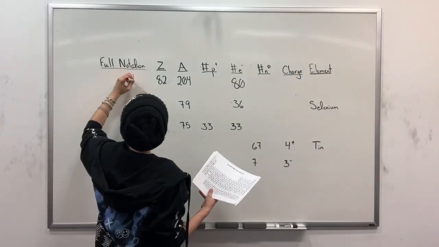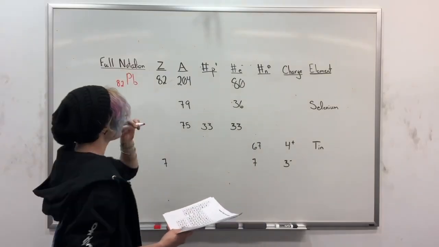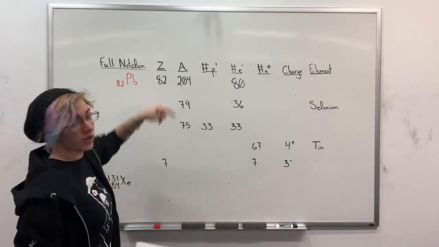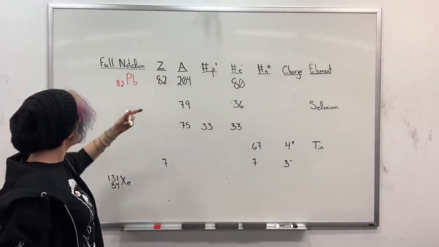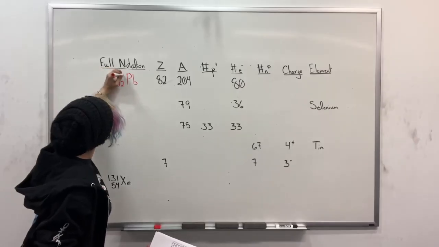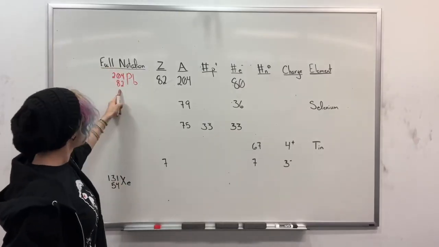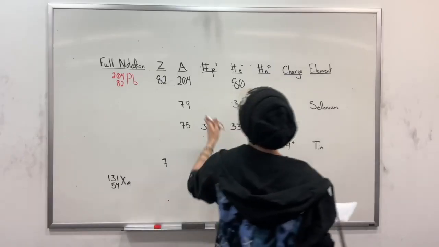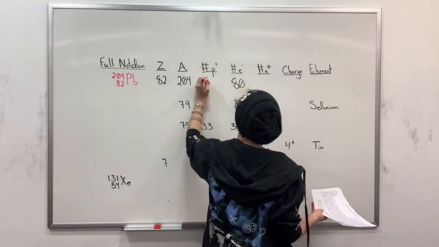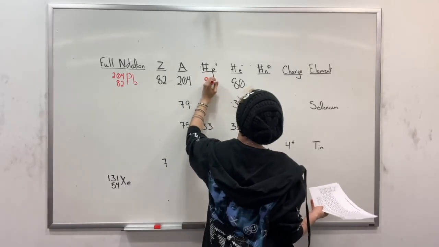So 82 Pb. They also give us our mass number, so there is no math that we have to do yet. They already tell us the mass of this element is 204. Atomic number is 82. The number of protons is 82.